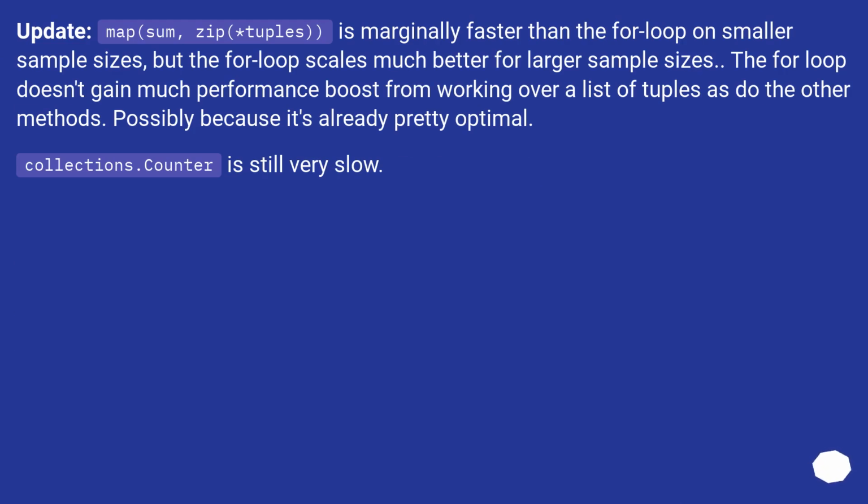Update. Map and sum with zipped tuples is marginally faster than the for loop on smaller sample sizes, but the for loop scales much better for larger sample sizes. The for loop doesn't gain much performance boost from working over a list of tuples, as do the other methods. Possibly because it's already pretty optimal.